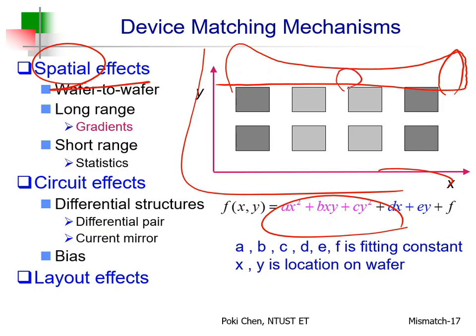So you get different impact at different locations. We call it the spatial effect, all right? So the difference, we call it gradients, thicker here, thinner there. You call it gradients. All right? How to describe such kind of gradients? This is a good way.